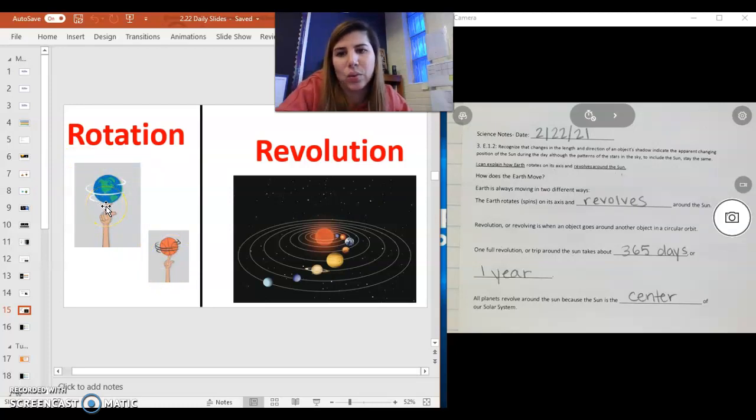Rotation is what gives us night and day, because as the Earth spins or rotates, when we face toward the sun, we're experiencing daytime, but when we rotate away from the sun and we're in the Earth's shadow, we're experiencing nighttime. Revolution, on the other hand, is the movement of the Earth going all the way around the sun. And you'll see all of the planets and their orbits here. Again, noticing that the further out you get into the solar system, the larger those orbits become, and that's why the outer planets have much longer years.